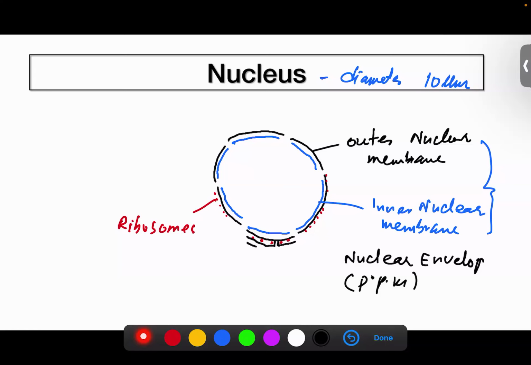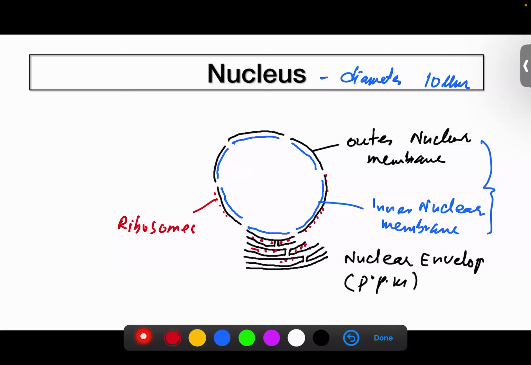On the other hand, the outer membrane is continuous through an extended network of channels, which is known as an endoplasmic reticulum, or rough endoplasmic reticulum. So this rough endoplasmic reticulum also has the ribosomes attached on its surface.